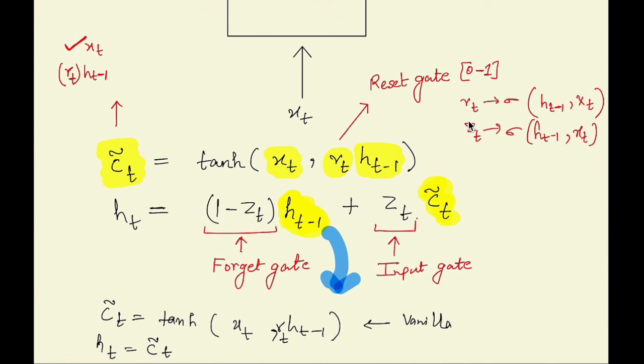We take some of the information from the previous hidden state. So we do not want to lose complete information from the previous hidden state. We do not want to completely discard the previous hidden state like in vanilla RNNs. So we want to keep some of it, but we also want to add new information that we obtain from c dash t.